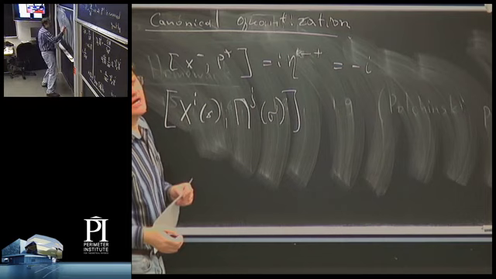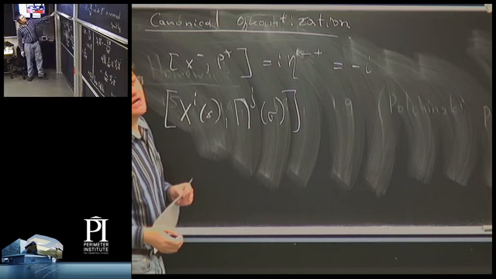It would be an additional delta function of sigma minus sigma prime. So that's canonical quantization. We identified coordinates and momenta, and so we have to impose these commutation relations.